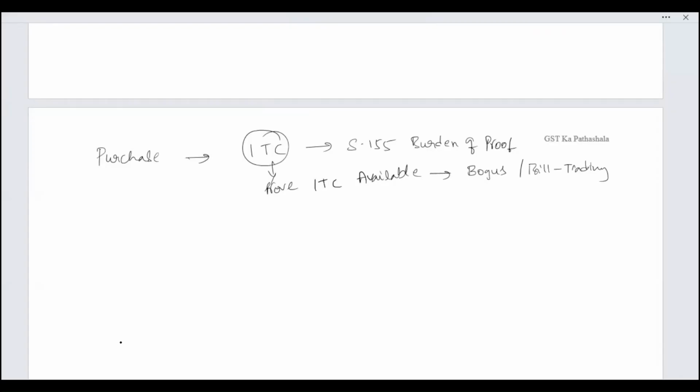So to claim input tax credit, I need to have a bill, that is a tax invoice. I have to receive goods or services. Then, if IRN is applicable, this document should have an e-invoice.